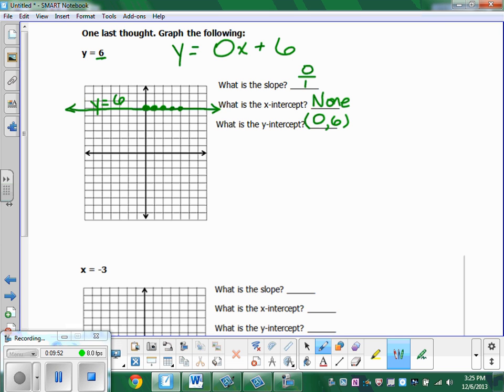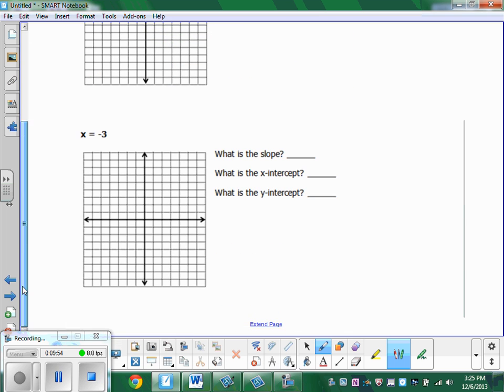Let's take a look at a linear equation written as x equals negative 3. We'll put a point in here first. x definitely equals -3 right here. That's a true statement.